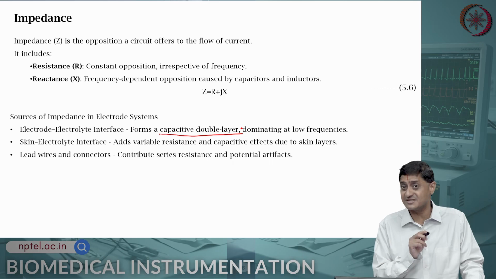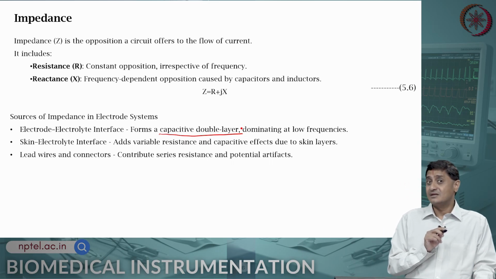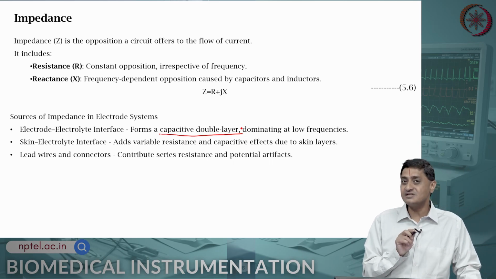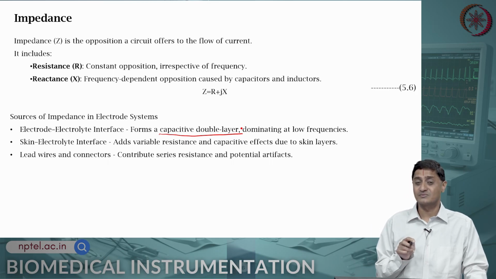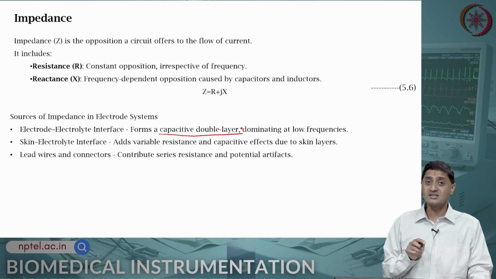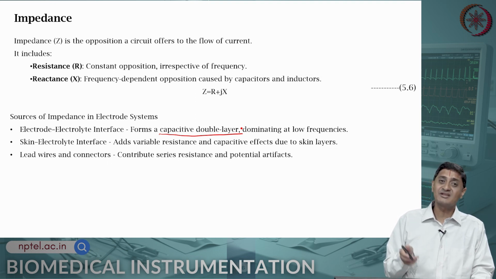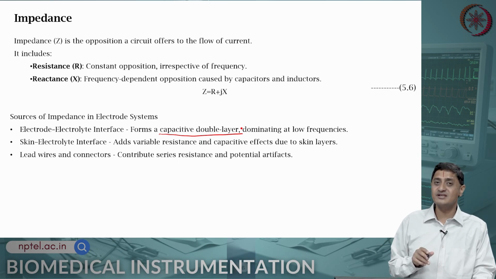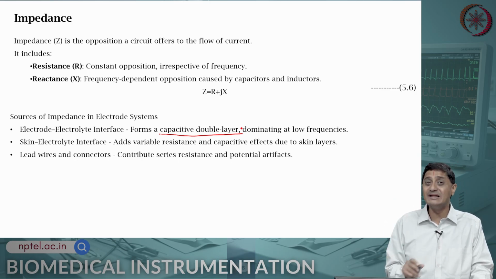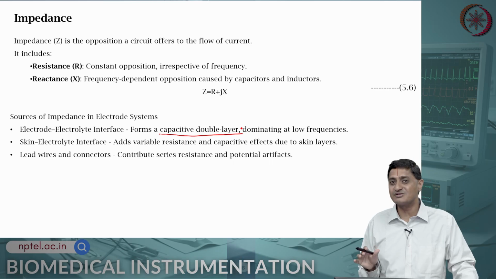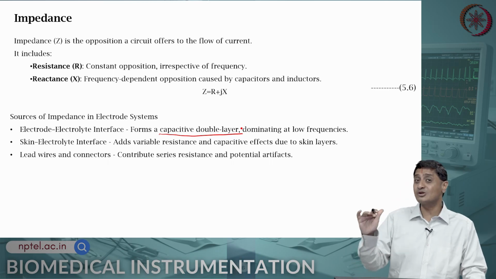I mentioned this previously. Especially at low frequencies, this reactance due to the capacitive double layer will be high, because what is happening at the electrode-electrolyte interface is a charge double layer being formed, leading to capacitive effects that dominate at low frequencies.